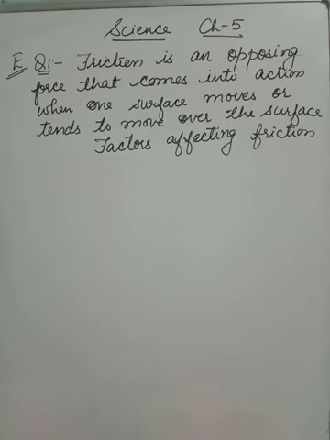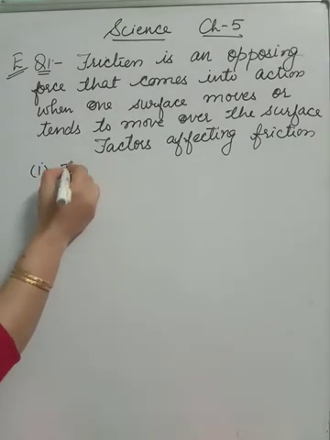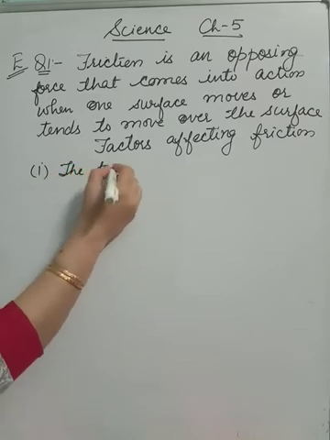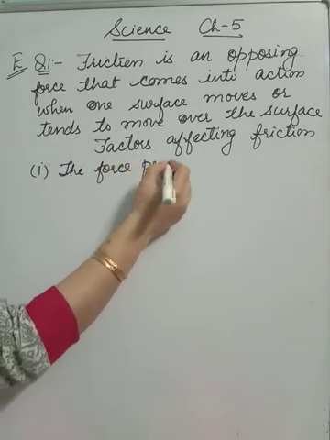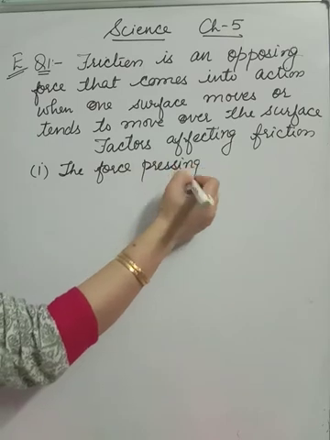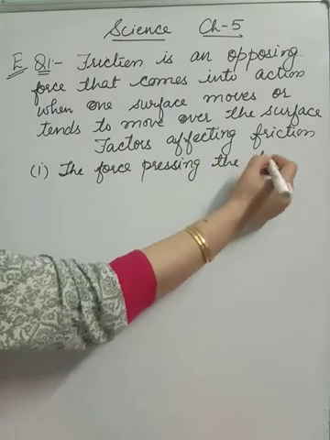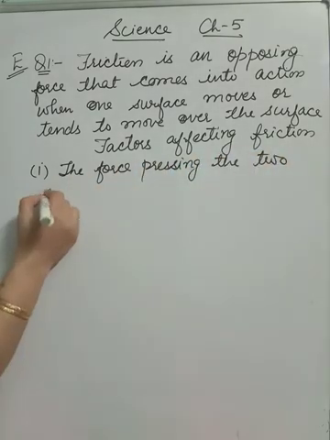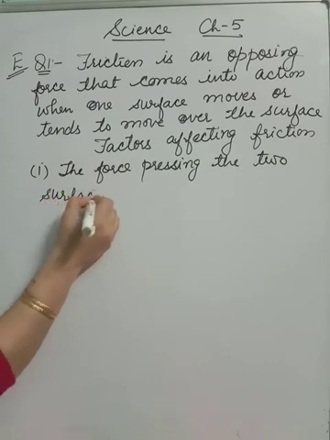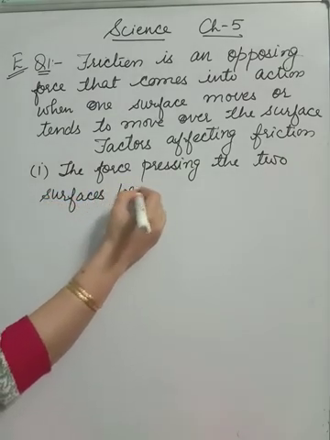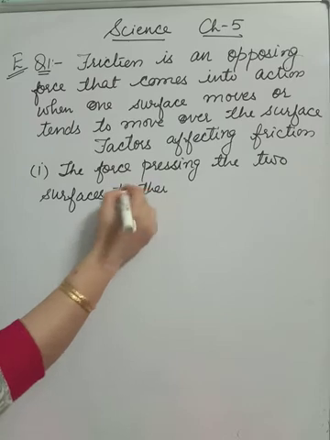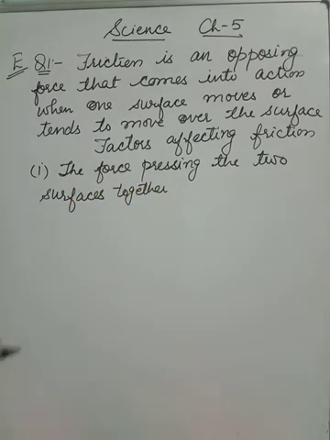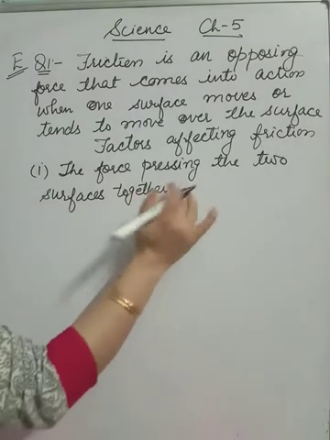So the first factor is the force pressing the two surfaces together. If this force is more, the force of friction will be more. So you can write an example here.